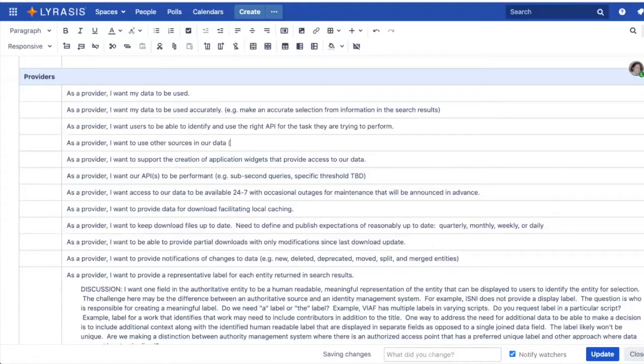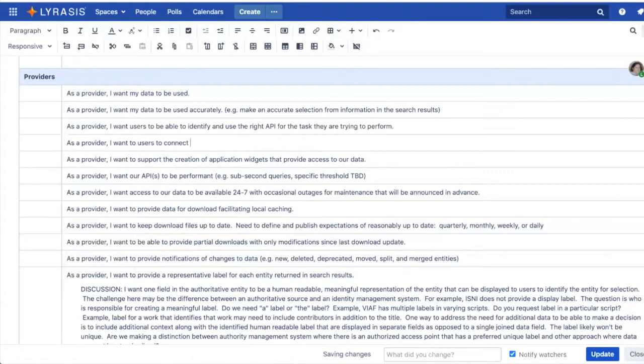So the server was called in a very heavy way. So people from VIAF asked us, please stop using my server in this way. You can use another way for massive data, for example, downloading my data one time and using it. So in this case, does I want my data to be used accurately also include this kind of situation where a source is not correctly used from a technological viewpoint?